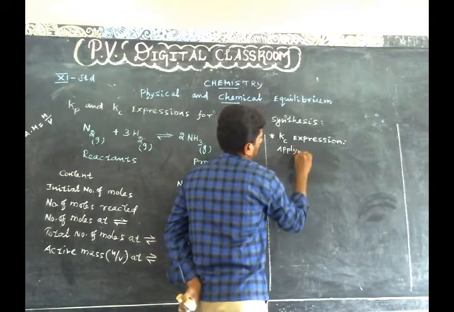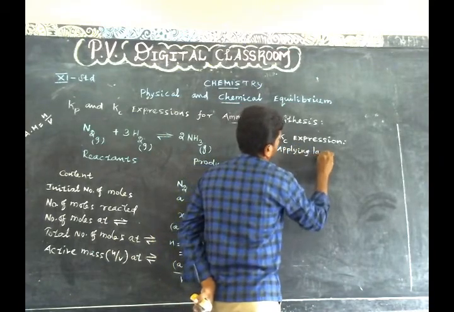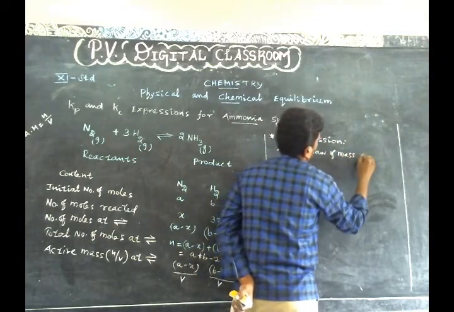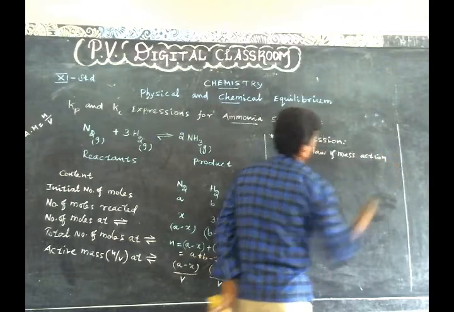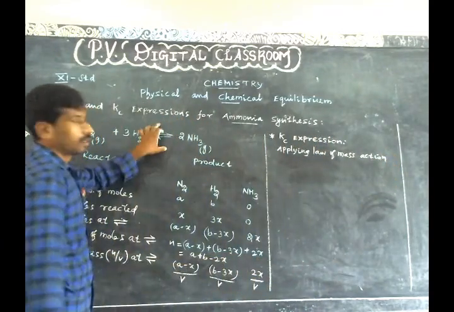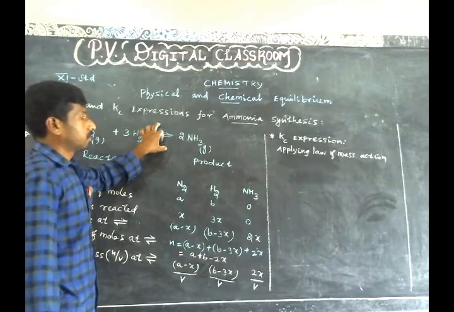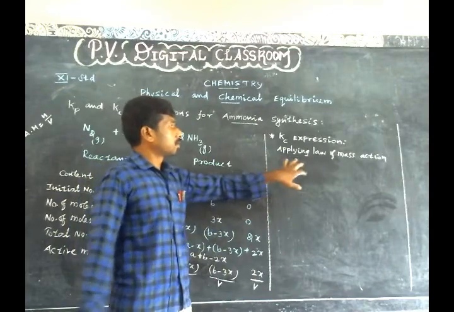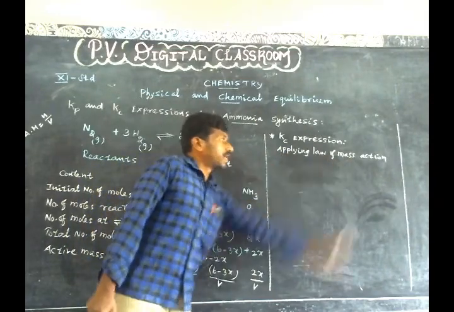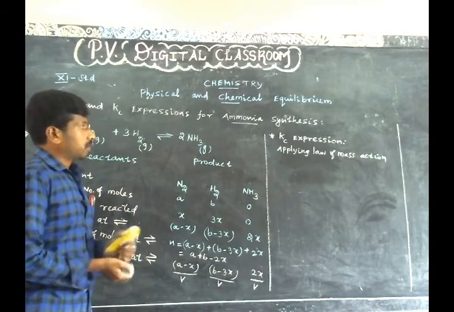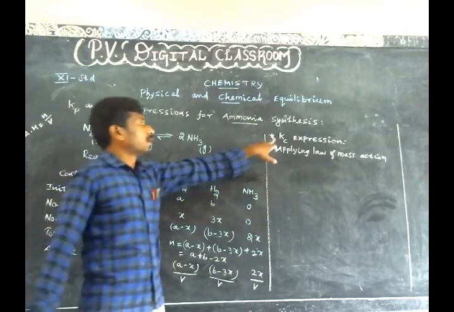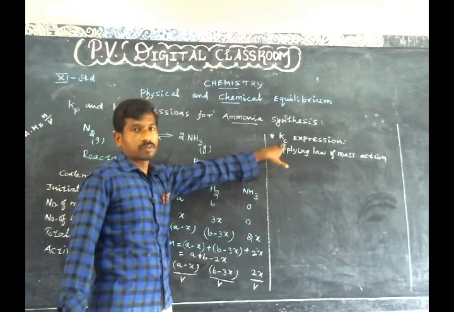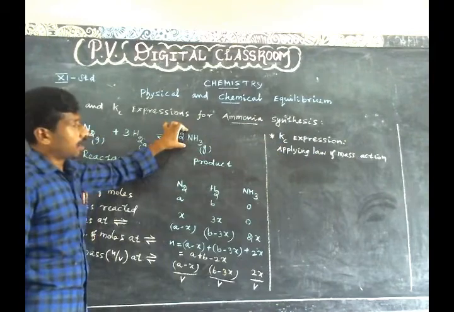Applying the law of mass action for the given ammonia synthesis, we can find the equilibrium constant in terms of active mass for ammonia synthesis.